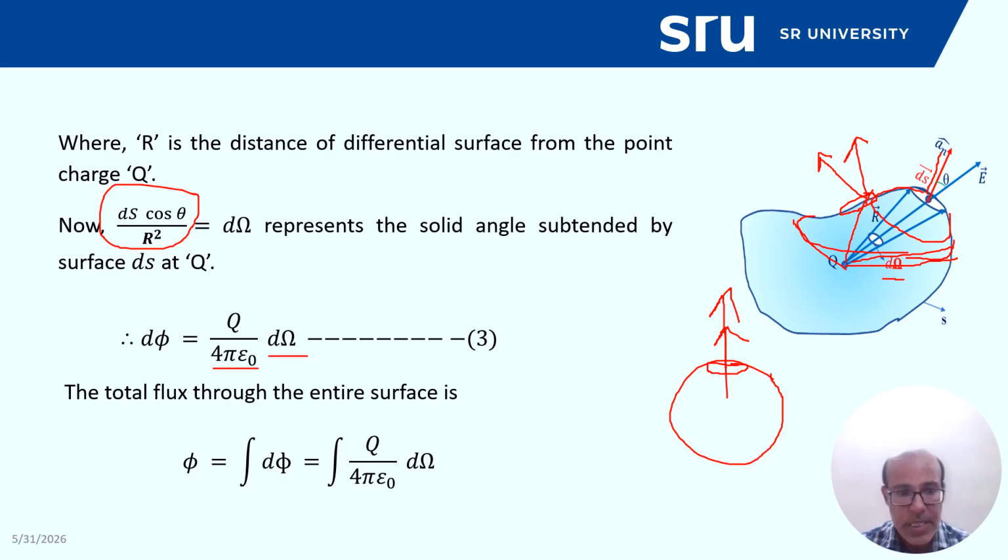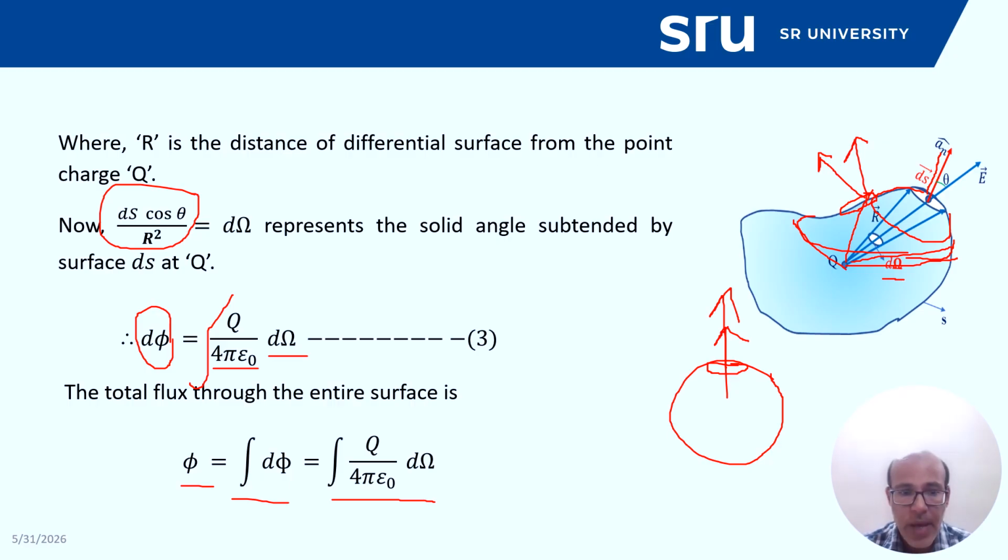This is from the previous expression. Initially I told you that we are trying to develop the expression for phi, which is the flux coming out through the closed surface. So we integrate phi is equal to integral d phi, and that is the integral of q by 4 pi epsilon naught d omega.